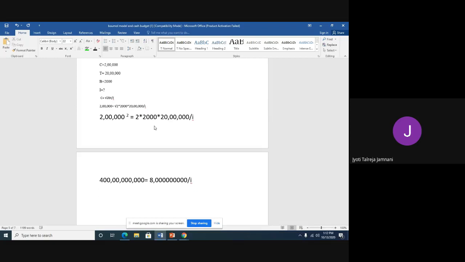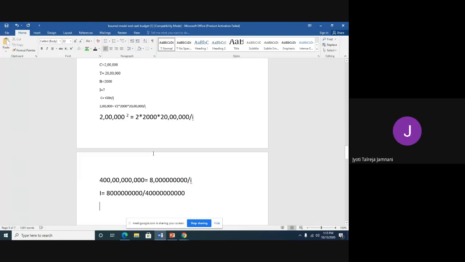I is equal to 8 with 9 zeros divided by that 40 lakh, 400 crores or whatever will come down now. Are you getting it? I took I on that side and got that 400 on this side. Getting it? Yes, ma'am.